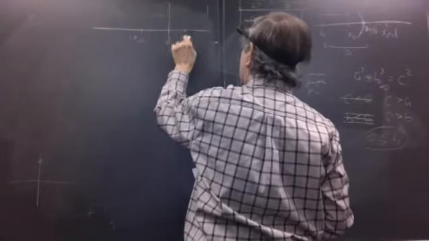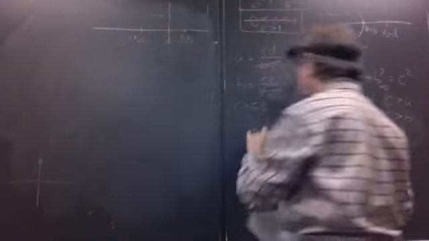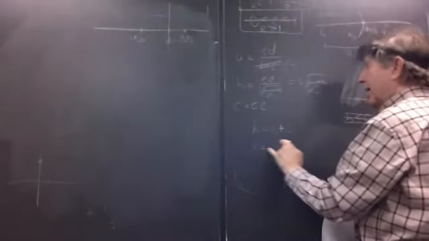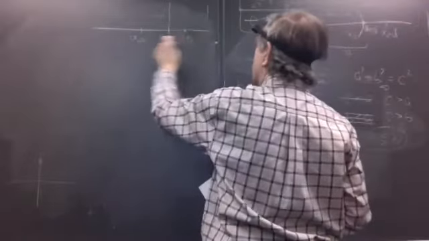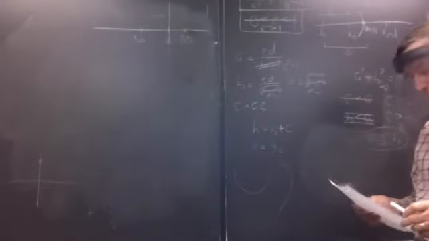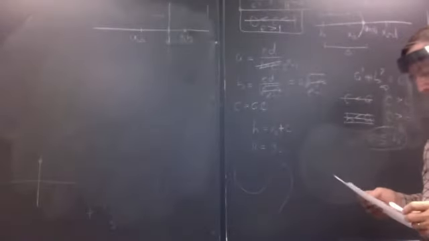It's H, Y naught or HK, it's the same thing because Y naught is going to be K in this case one. So it's still the same height, but the H is going to be on the other side of the directrix in this case. Okay?